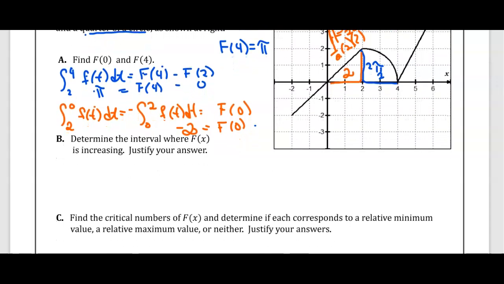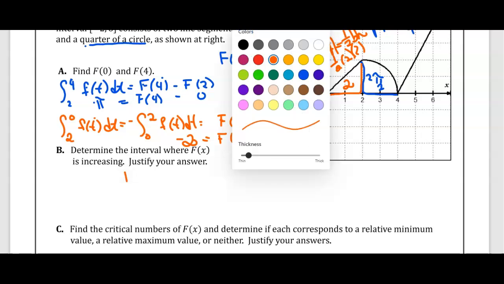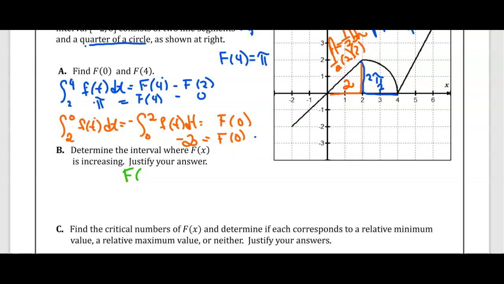Determine the interval where f of x, not the function that we're looking at, because this is f prime, or lowercase f, where that is increasing. By that definition, we will say f of x is increasing, and we're going to be looking from, if the derivative is above the x-axis, then the original function was increasing because the slopes are positive.